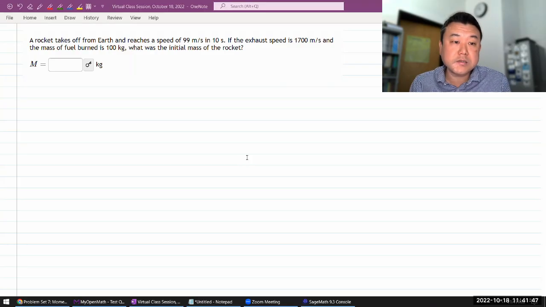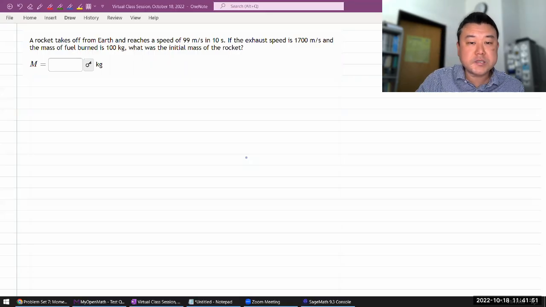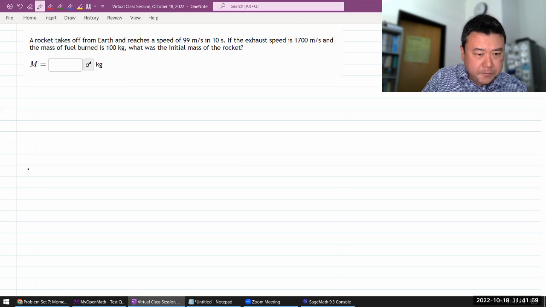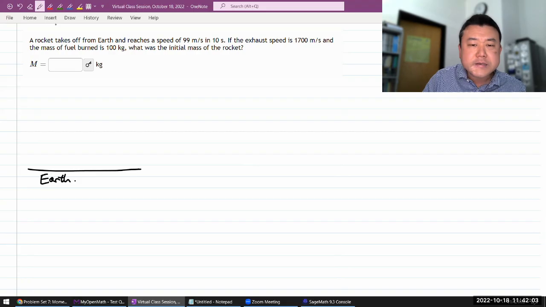So this question says a rocket takes off from Earth and reaches some speed in 10 seconds. Hmm. I wonder if I'm supposed to take into account the gravity during all this, but well, let's see.